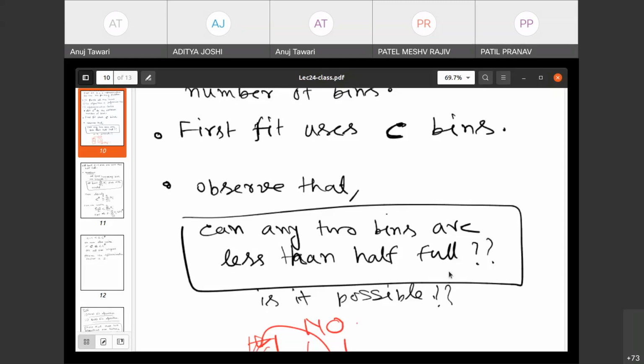Okay. So any questions on this thing? What our proposed algorithm is and how we are analyzing the approximation factor?